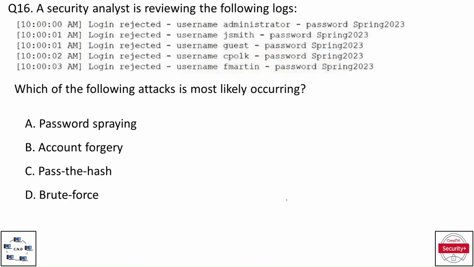Question number 16. A security analyst is reviewing the following logs. So these are the logs. As we can see, some users are trying to log in, but the logins are rejected. We have different login names, but the same password is used against different login names.